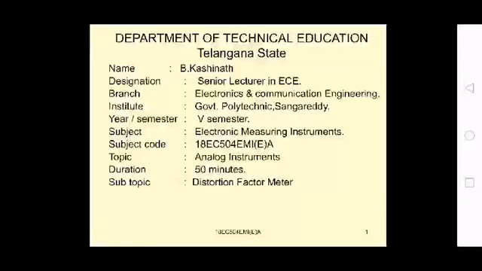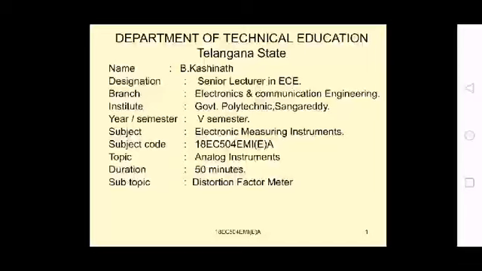Today I am going to discuss the subject of electronic measuring instruments, which is in third year, fifth semester. The subject code is 18EC 504 EMI, and it comes under the elective subject.